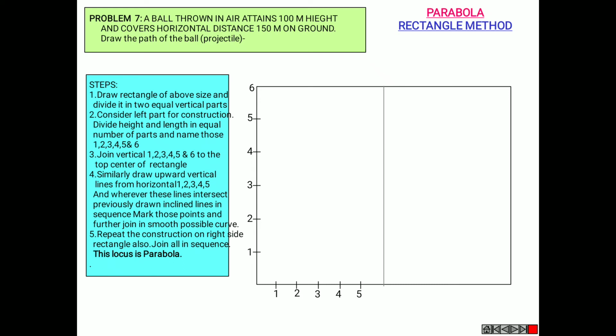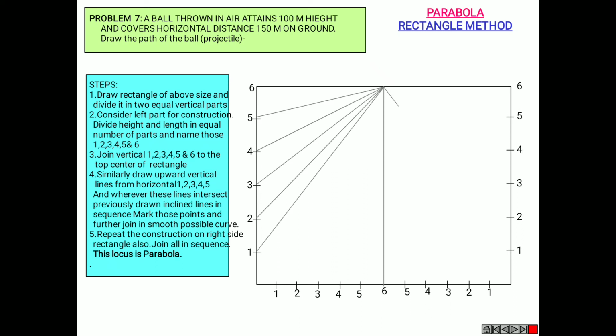Now from the center top, draw some inclined lines to the vertical lines 1, 2, 3, 4, 5 and 6. Repeat the same procedure towards your right rectangle. From the bottom horizontal lines towards your left and right you have 1, 2, 3, 4, 5 and 6 lines.